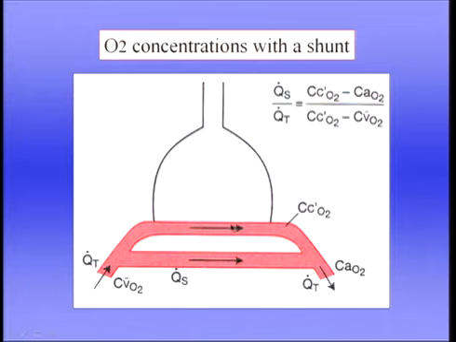The blood that passes through the gas exchanging regions of the lung, of course, is well oxygenated, and therefore the concentration of oxygen in the end-capillary blood, we put a small c for capillary and a little prime on the end there indicating end-capillary, is normal, because most of these patients with a shunt have a normal lung, and therefore they have a normal alveolar PO2.